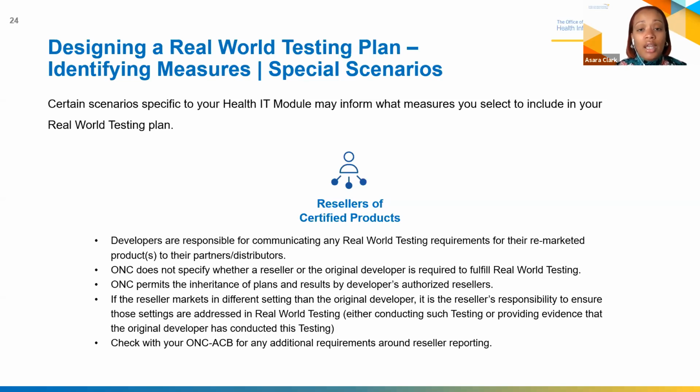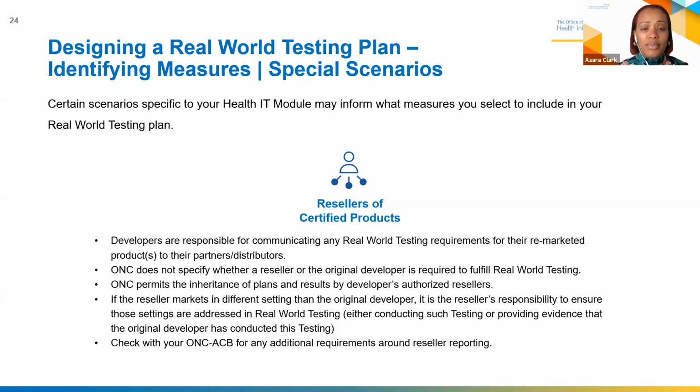Because if it's on CHPL and it's being represented on CHPL as a certified product, in order to maintain its certification and as a condition of certification, it has to meet these real-world testing requirements. So ONC does not specify whether a reseller or the original developer is required to fulfill real-world testing. It's totally up to you to work with your partners and your distributors, okay?